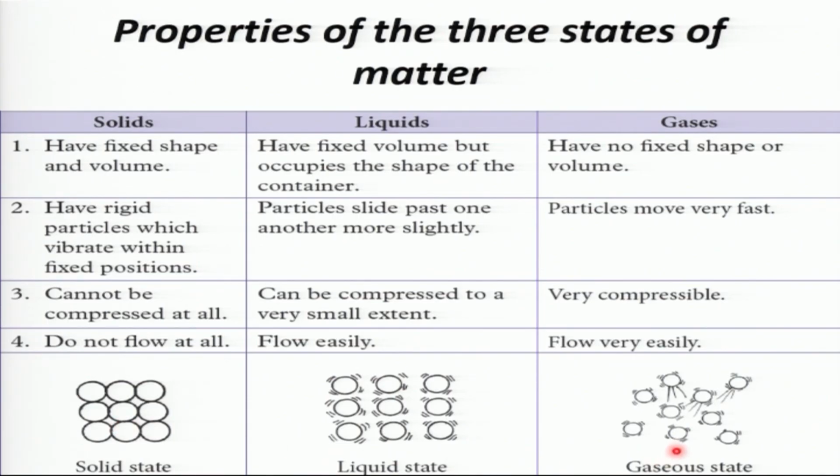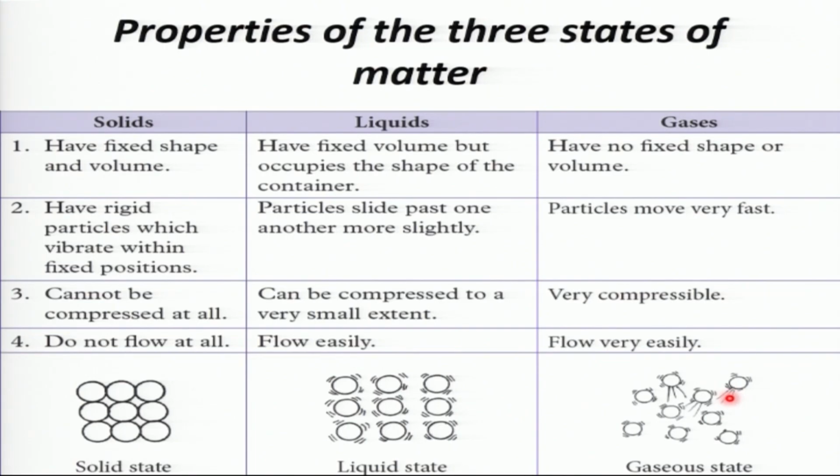But coming to gases, the particles are very far from one another. The distance from one particle to another is greater than that in liquids and solids. For solids, as I said, they are closely compact, all right? But for liquids, a bit far from one another.